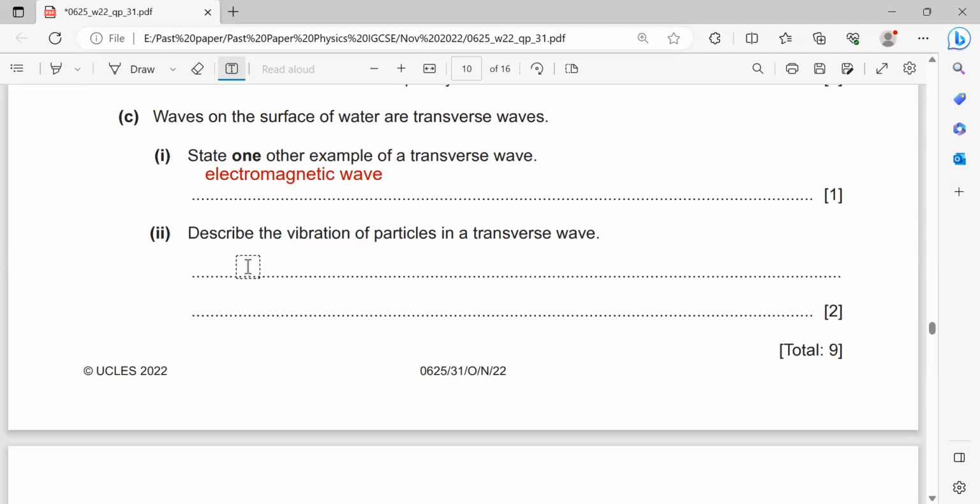Describe the vibrations of particles in a transverse wave.